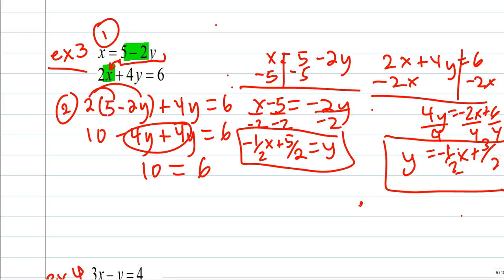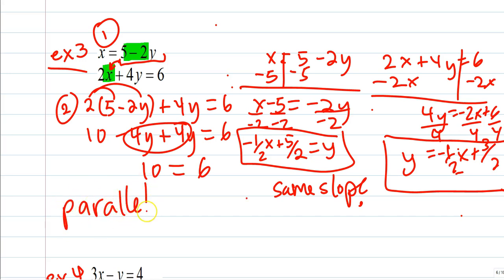These two lines have the same slope, different y-intercepts. These two equations are parallel. Which means what? They will have no point in common. They will have no solution. So what does this look like visually?